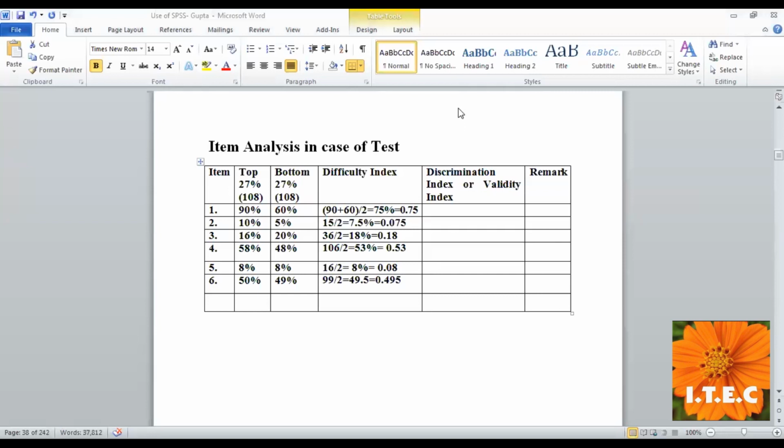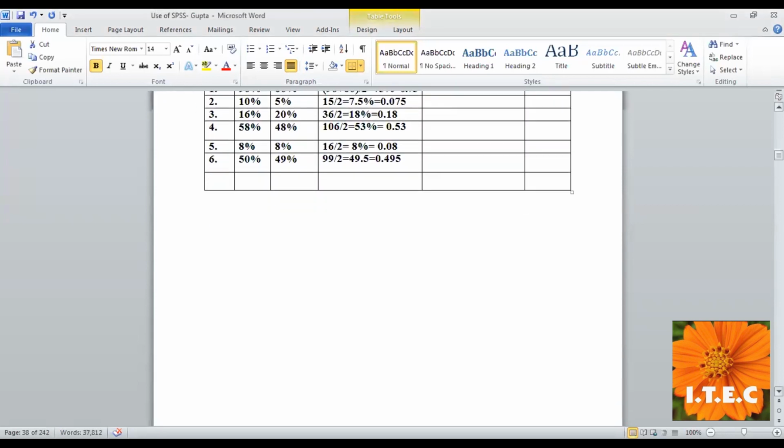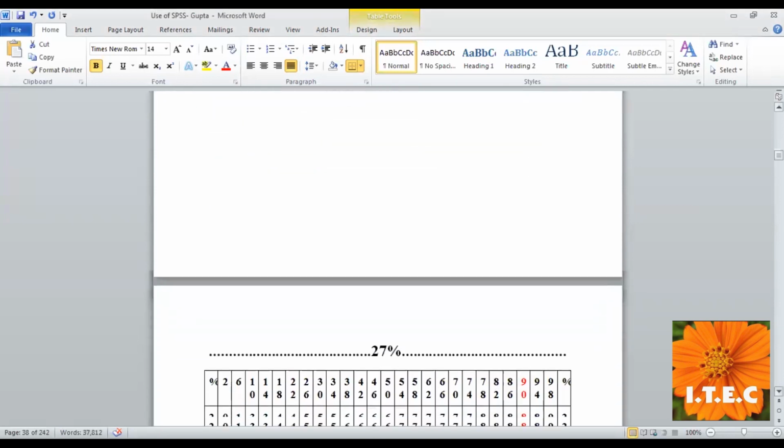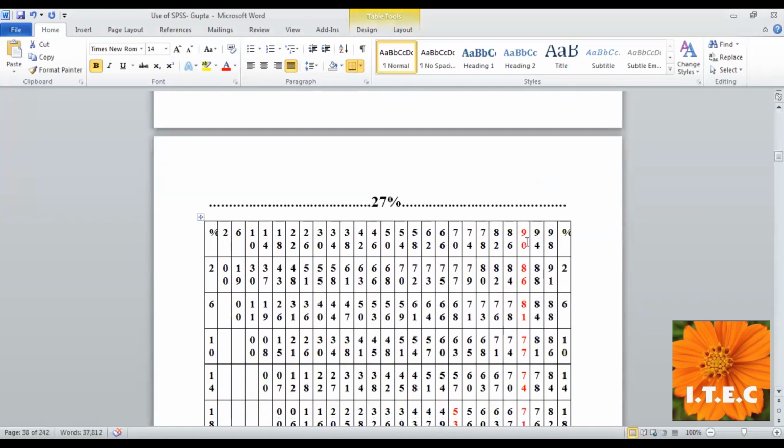Now I'm going to tell you the discrimination. Now in the top 27%, it is 90%, and here it is 60%. So now this is 90%, where my cursor is.